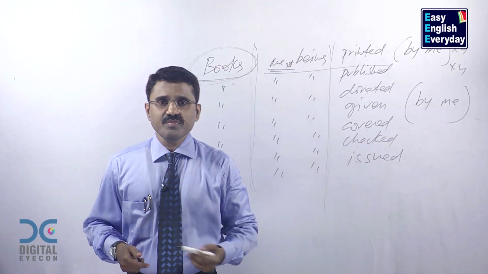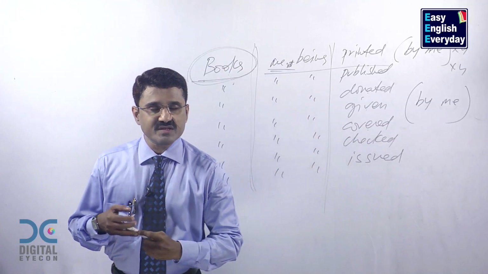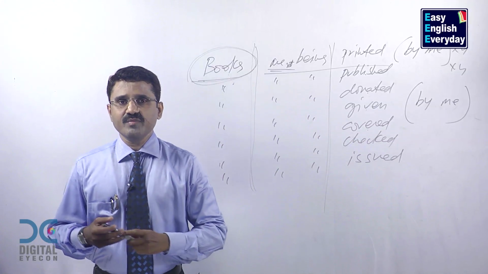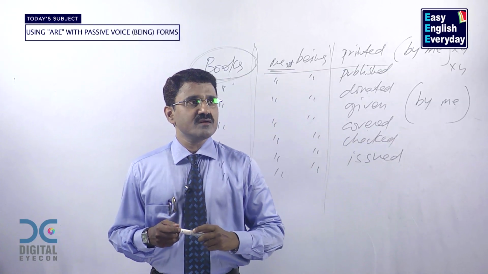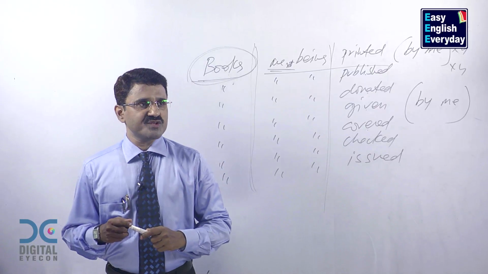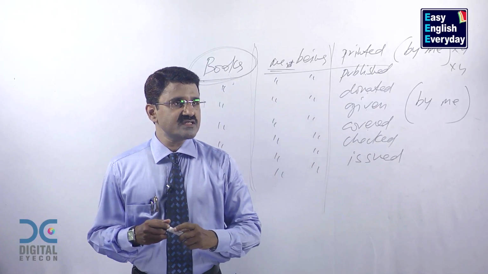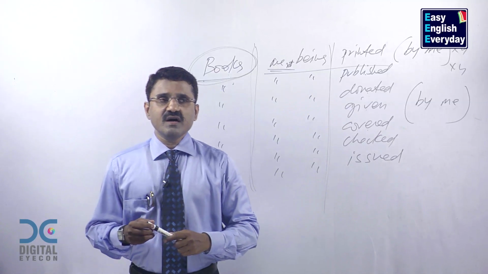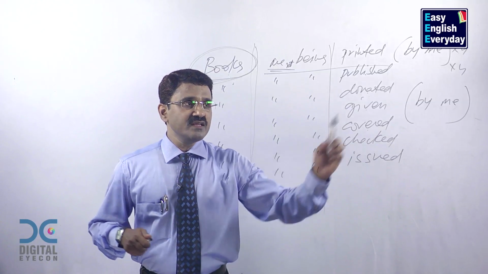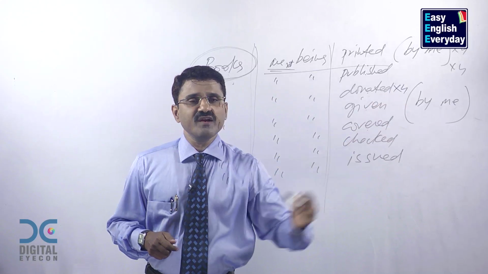Books are not being published by me. Negative statement. Are books being published by me? Positive question. Aren't books being published by me? Negative question. Books are being donated. Books are not being donated. Are books being donated? Aren't books being donated? In this way, you should practice the variations.